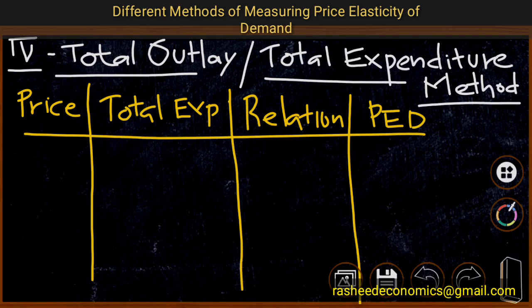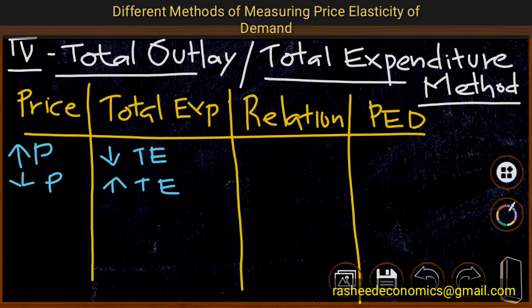Initially, suppose an increase in price leads to a decrease in total expenditure, or a decrease in price leads to an increase in total expenditure, then the relationship is inverse. That means there is an opposite relationship between price and total expenditure. In such a situation, price elasticity of demand is greater than 1.